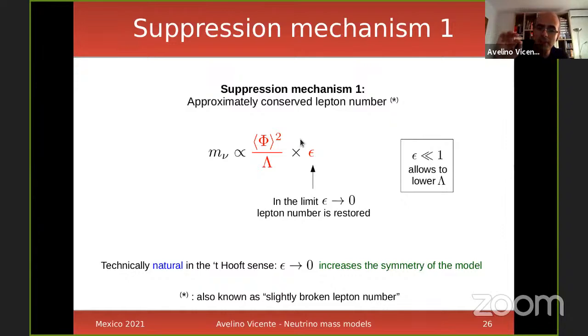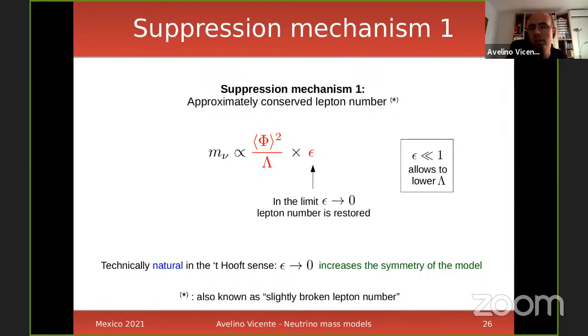Also, it is very important that this additional parameter that you introduce, which I call here generically epsilon, is technically natural. Let me explain for a minute what this means. In the limit epsilon going to 0, the model will produce vanishing neutrino masses. You can see directly from the formula: if epsilon is 0, neutrino masses are 0. This is because the limit epsilon going to 0 restores lepton number exactly.